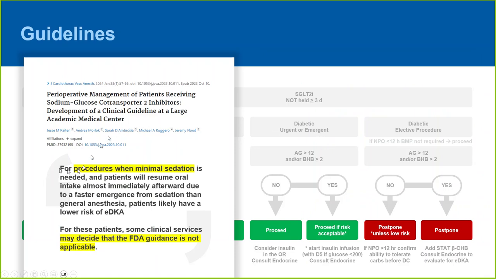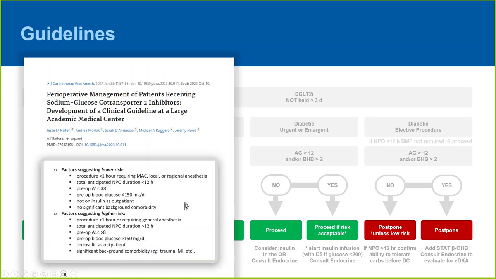But UPenn notes that for procedures when minimal sedation is needed and patients will resume oral intake almost immediately afterward due to faster emergence from sedation than general anesthesia, patients likely have a lower risk of euglycemic DKA, and for these patients, some clinical services may decide that the FDA guidance is not applicable.